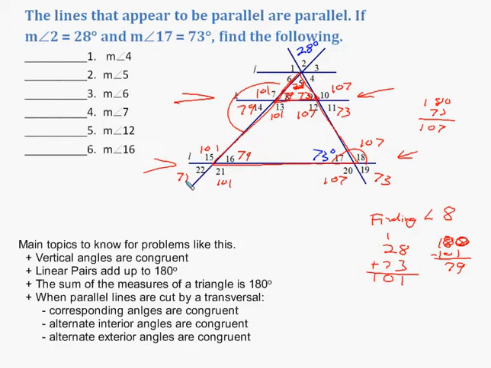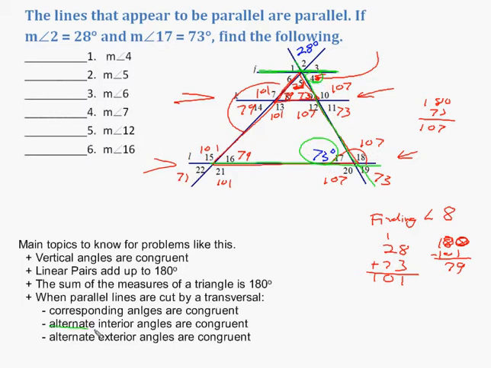Let's look at angle 4. We could have found this right away from the beginning. If you look at the parallel lines cut by this transversal, 17 and angle 4 are alternate interior.